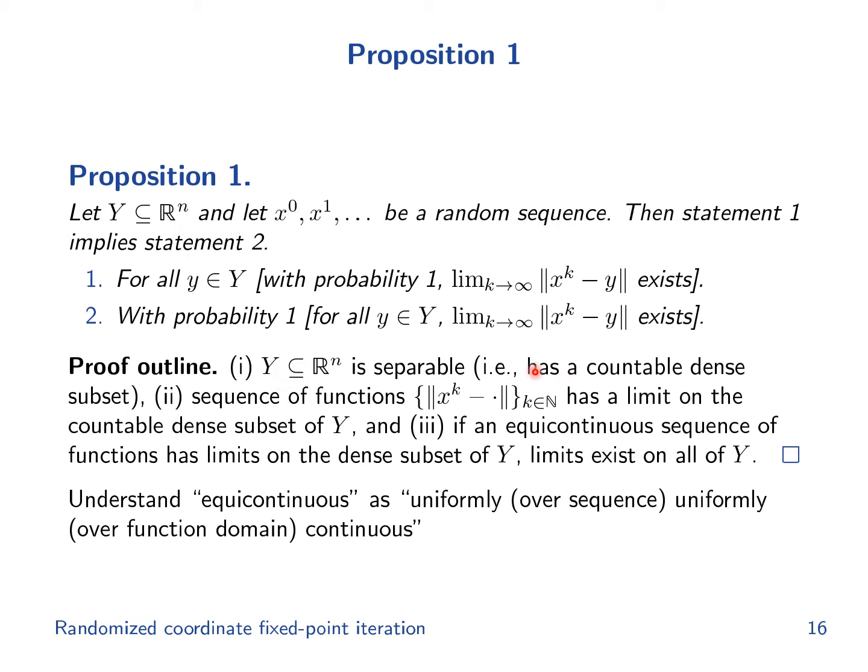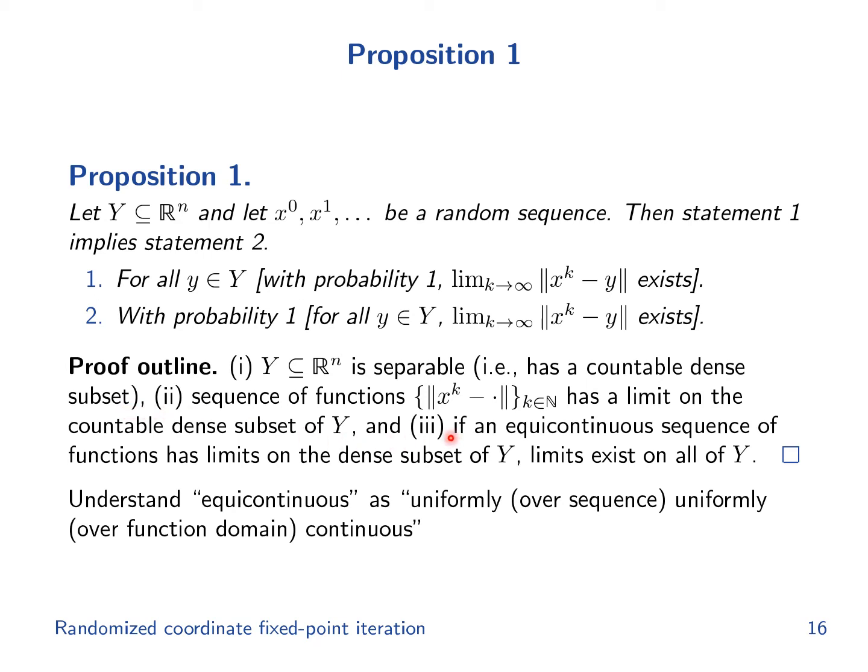And then, since the subset of Y has countably many points, we can upgrade the weaker statement into the strong statement, except that now we only have it for all little y belonging to the subset, the countable dense subset.